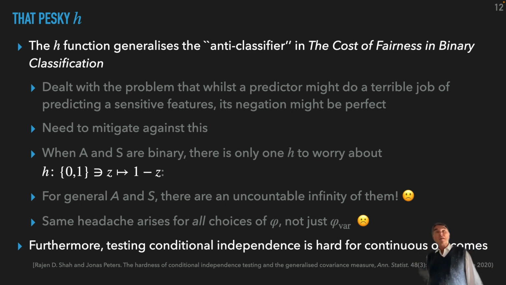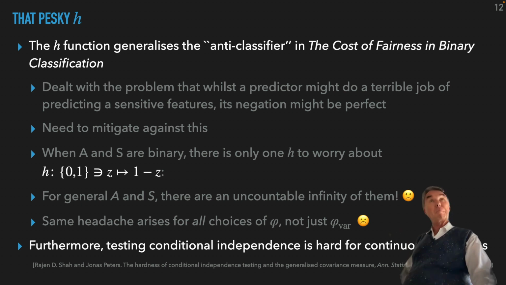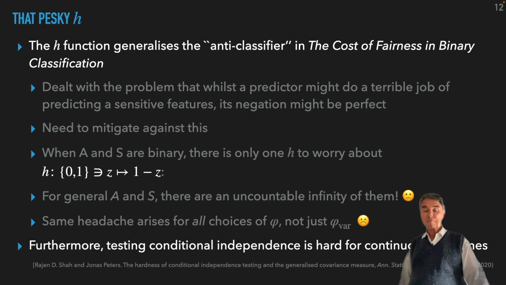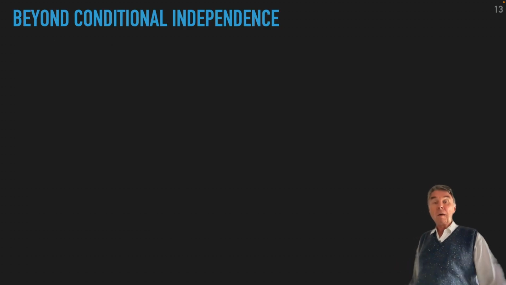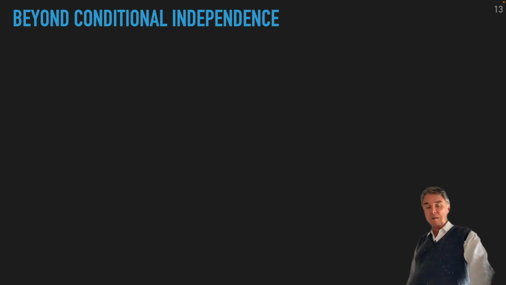The bottom line is that this approach, in my view, is doomed, right? For anything other than binary, which is very frustrating because it was looking good. So that's disappointing. And Aditya and I were kind of despondent for several months. We thought we'd cracked this, and then we realized we hadn't.